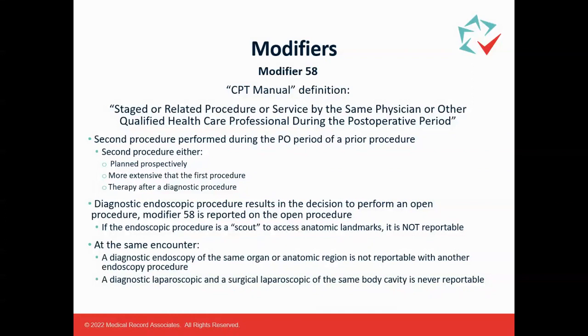So with diagnostic endoscopies, if a diagnostic endoscopy results in the decision to perform an open procedure, modifier 58 is reported on the open procedure. If, however, the endoscopy is a scout, just to access anatomical landmarks, just to kind of look around, peek around, see what's there, that is not reported separately. It needs to be a diagnostic endoscopy that results in the decision to perform an open procedure.